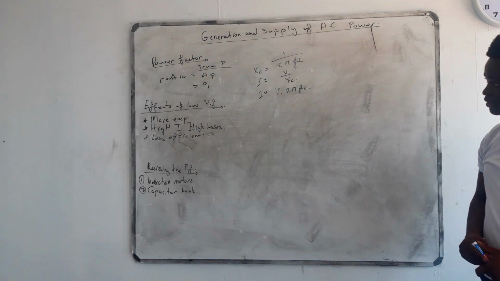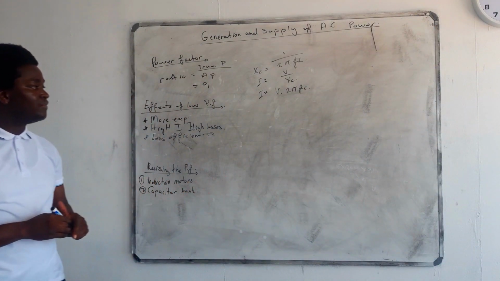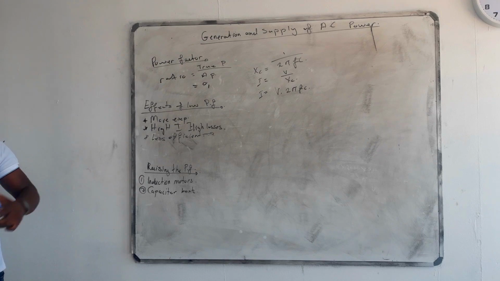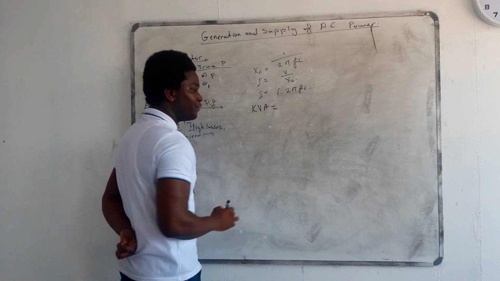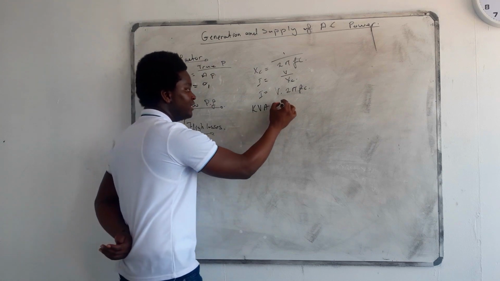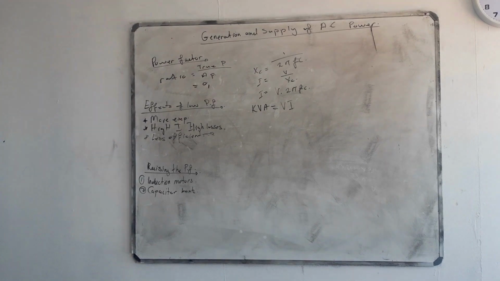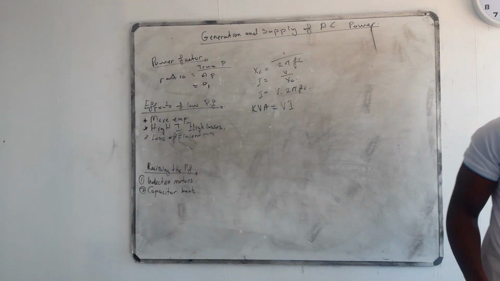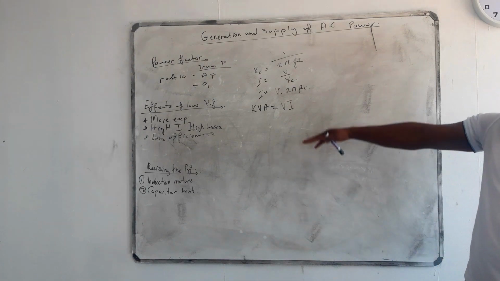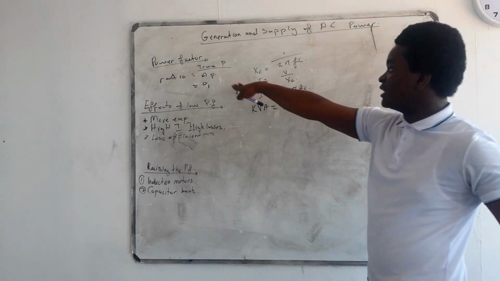Let's look at the next one. Power rating, or kVA rating. The formula for calculating power is VI. Because this is your formula for calculating power, if they ask you to calculate the kVA rating, kVA is apparent power, by the way.